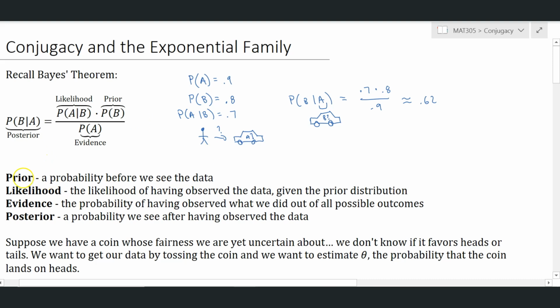And so the prior, now looking at this a little bit more generally in terms of Bayesian statistics, where we always consider evidence, and when we take that evidence, we can update our posterior probability. So the prior is a probability that we know before we even see the data, or something we assume about the probability.